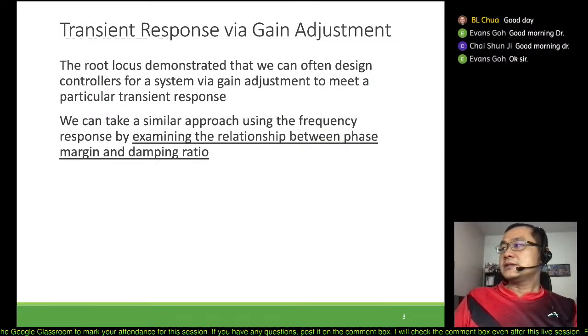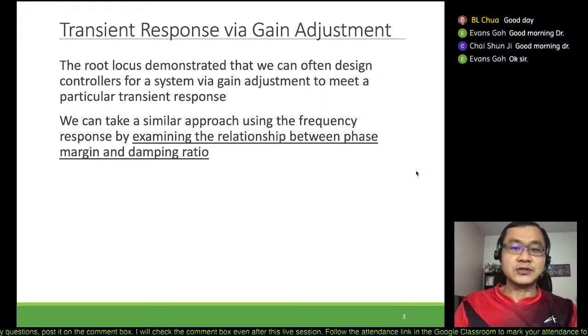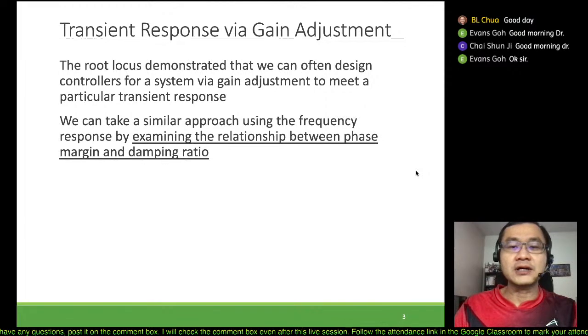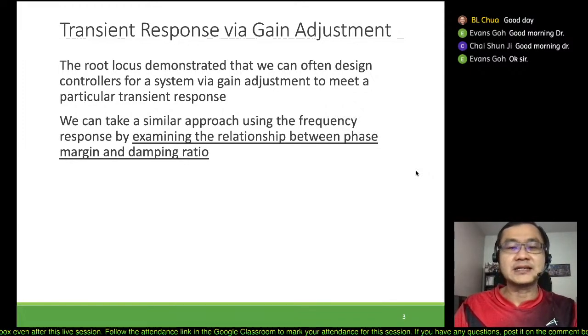If we are using the root locus, we are able to adjust by drawing the lines and finding the locations of the locus that pass through that particular point, or the damping ratio lines, and so on.